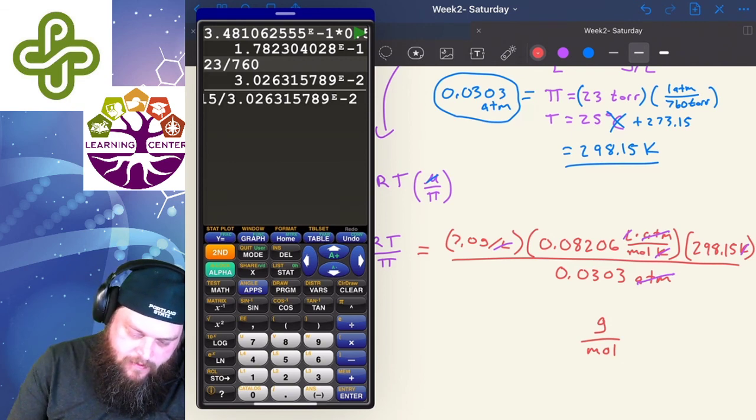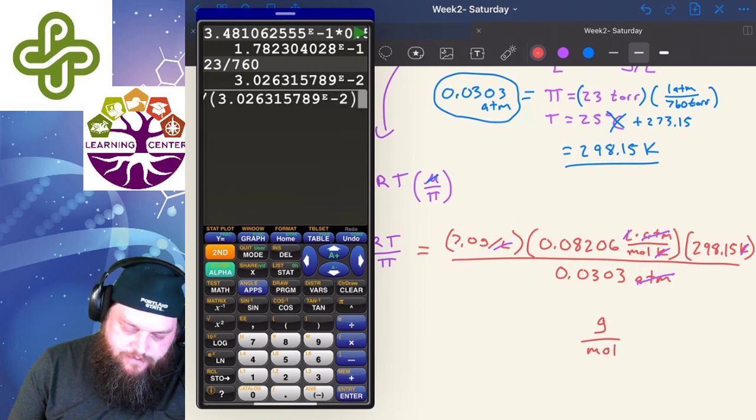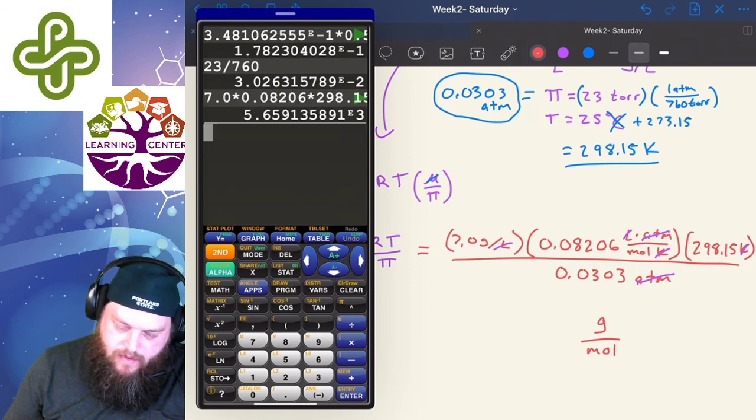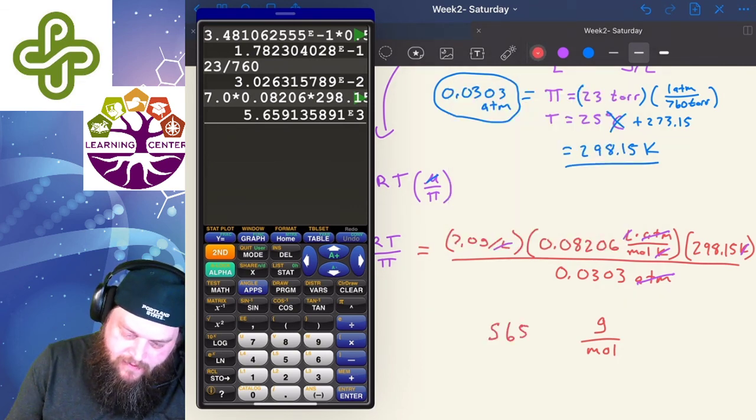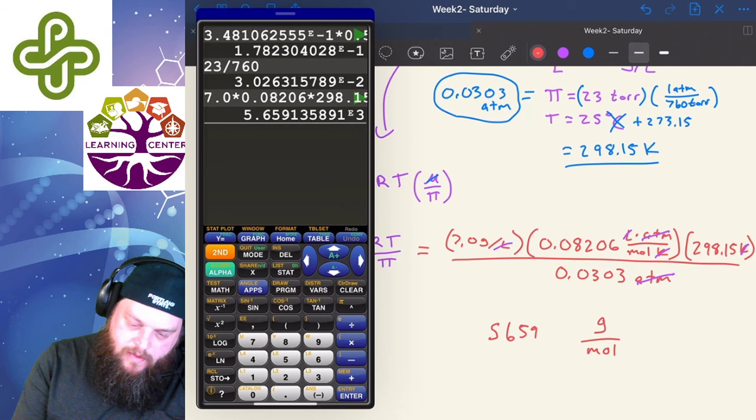I should put parentheses around that. There we go. So this is going to equal 5,659 grams per mole.